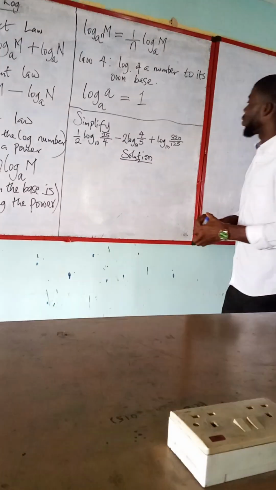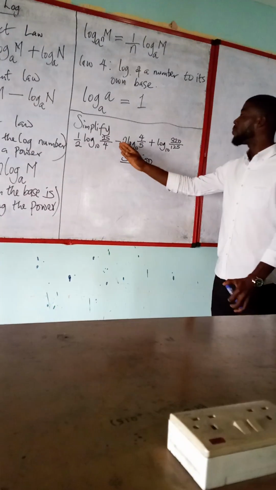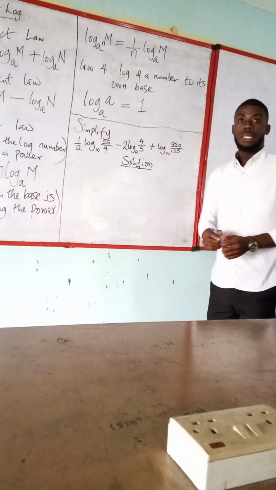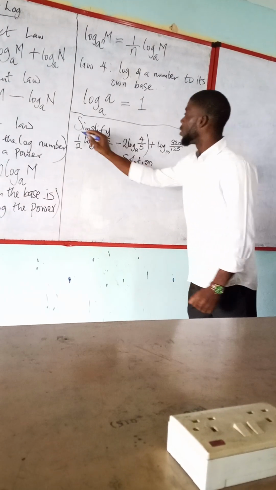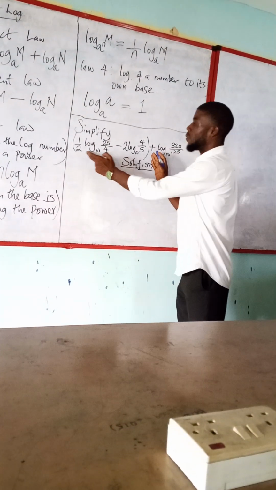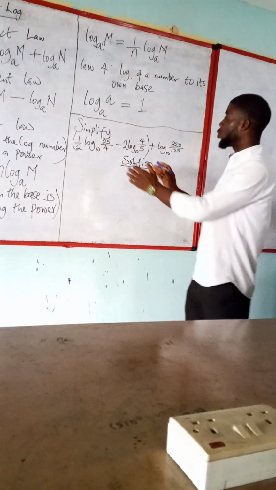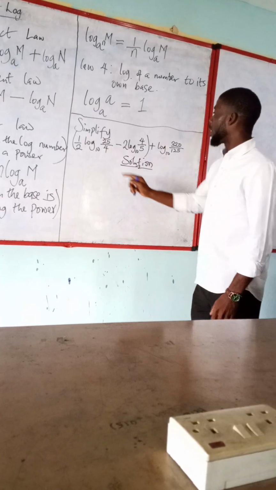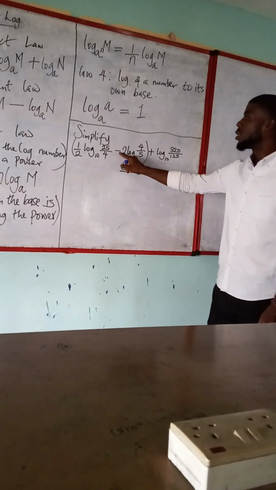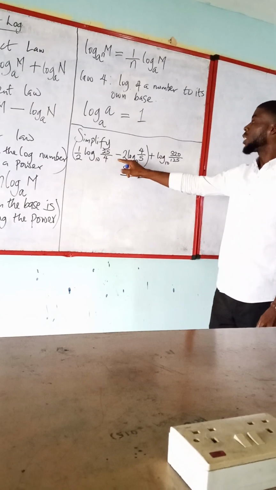If you look at this question, we have 2 operations here. We have minus and we have what? Plus. So the first thing I want to do is to use a bracket to show my area of concentration at the moment. I want to first of all solve these 2 parts. Now if you look at these 2 parts, I would be suspecting a possible quotient rule. Remember what the quotient rule says.